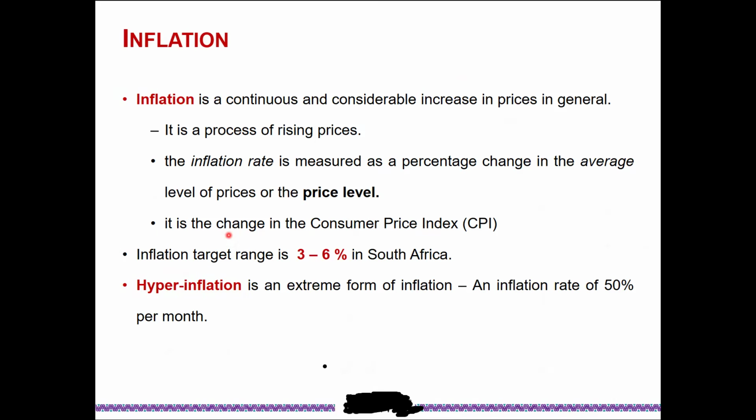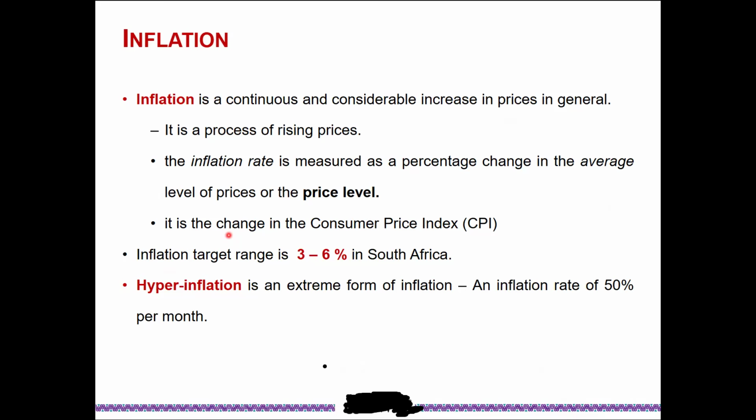The inflation rate is measured as a percentage change in the average level of prices, or the price level. It is a change in the consumer price index. We'll do this one, the consumer price index, in the next chapters. But what you have to know in regards to the consumer price index is that it is used to measure the changes in the price of a market basket, right?